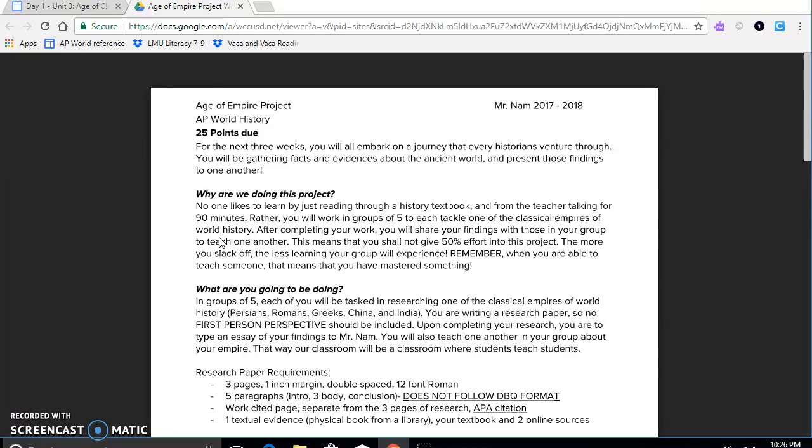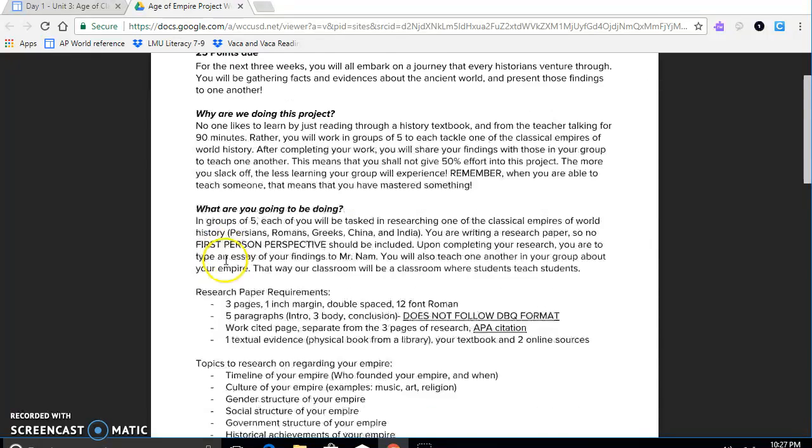My students will be dividing themselves into groups of 5, and each student will be responsible for one empire. Once they divide that responsibility, they will get into their expert groups, with students from other groups who have the same empire as them, and they'll research the empire together and share information to make it easier when they write the essay.